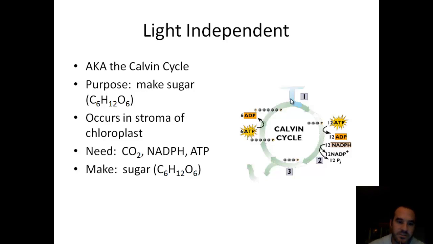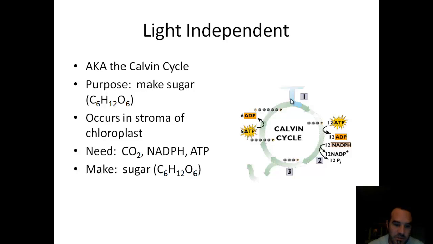The purpose of the Calvin cycle is to make sugar. So that's when the plant's finally getting that energy storage source that it needs for use later on for respiration. This is going to occur in the stroma of the chloroplast.